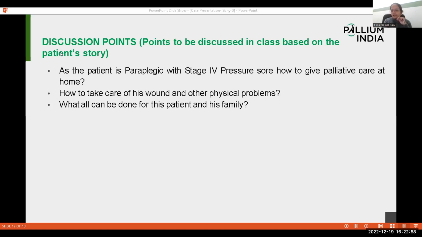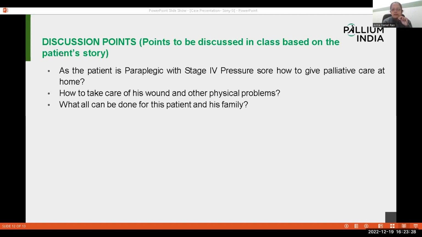Adequate care should be taken in that, whether the patient is using a chair or bedpan, and what he is able to use. And the patient is diabetic also, right? So diabetic diet also is required, right? So what to avoid, what to take, local resources we have to use and advise.